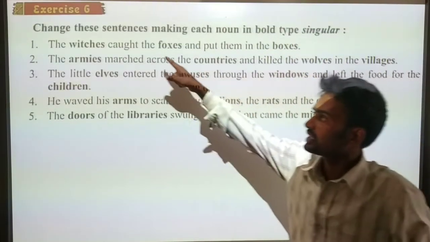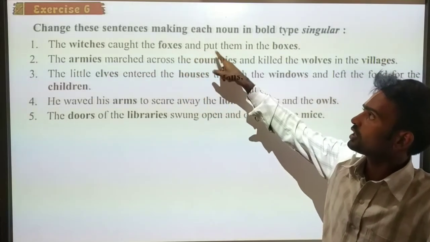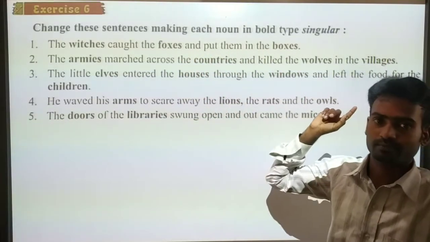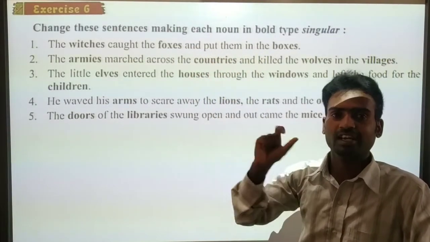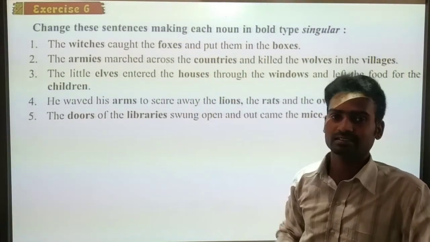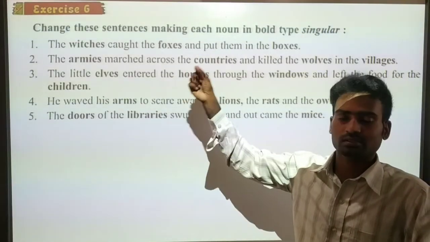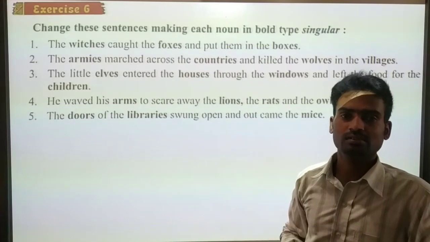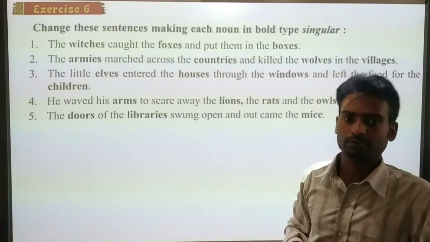So what is given here in a sentence: the witches caught the foxes and put them in the boxes. So the plural nouns have been given in bold letters. So what are we supposed to do? We have to change those bold words into singular nouns.